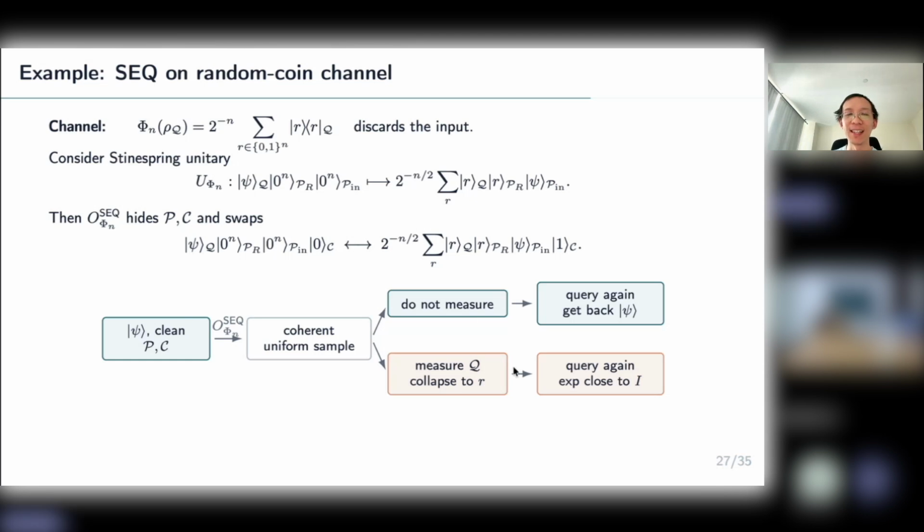What that means is that if you query it again, there's an inverse exponentially small amplitude that's being mapped back, and everywhere else it's just going to act as identity. So essentially, with all but inverse exponentially small probability, this does nothing. So it rejects your query.